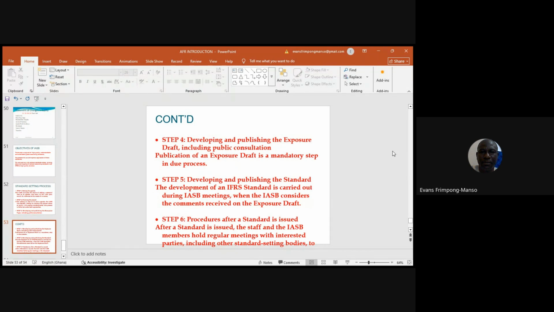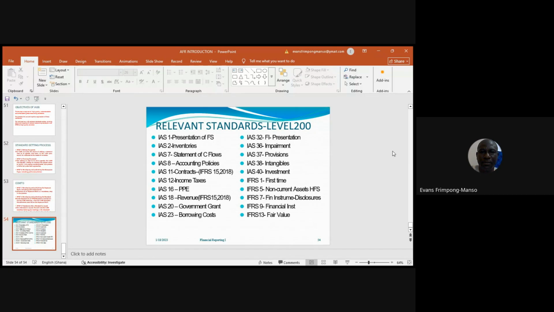It's very important. In the course of our studies, in financial reporting 1, financial reporting 2, and advanced financial reporting, you need these standards. They are very, very important.